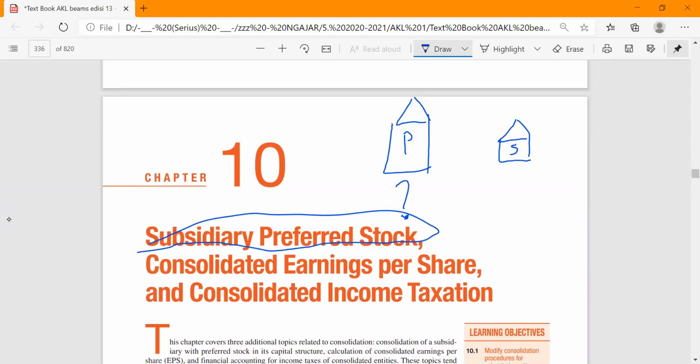As we know, stock itself is divided into two types. The first is preferred stock and the second is common stock. So chapters 1 to 9 did not talk about the situation where the subsidiary company also has preferred stock.